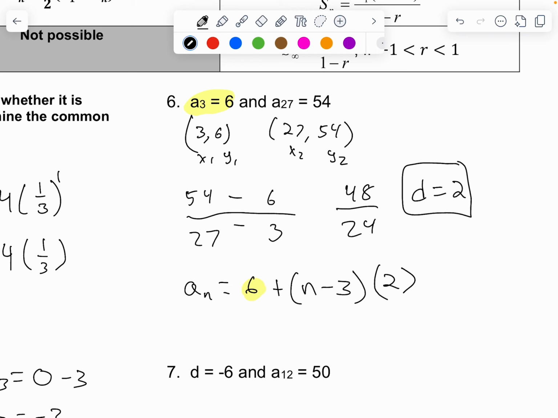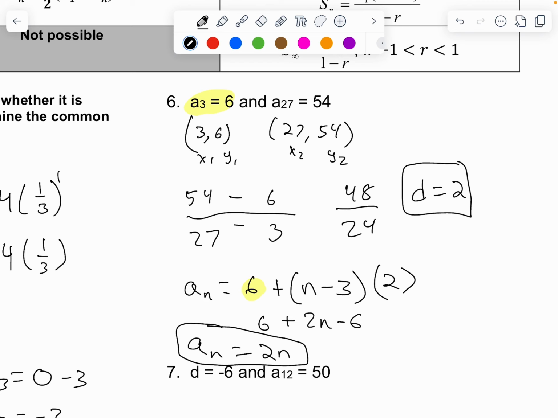And so now I'm going to multiply this out. I get 2n minus 6 plus 6. And then when I combine like terms, I find my explicit formula is just any number I'm looking for, I'm going to take 2 and multiply that with the value I'm looking for.